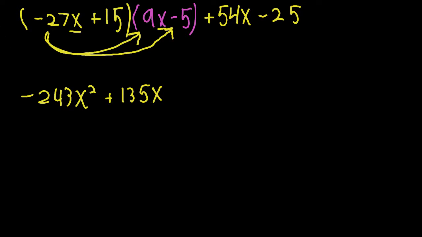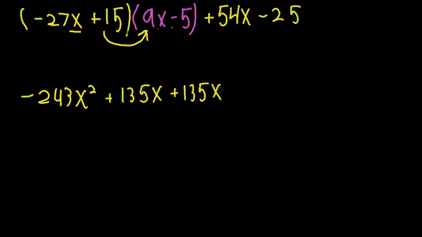Alright, now I can distribute my second term in the first set of parentheses, my 15. So I'm going to get positive 15 times 9x, which will get me positive 135x.